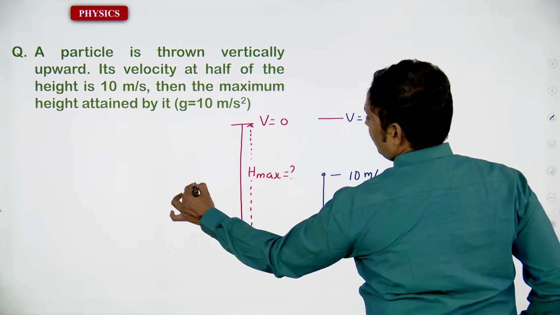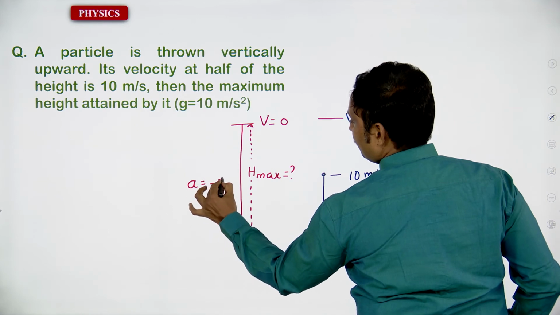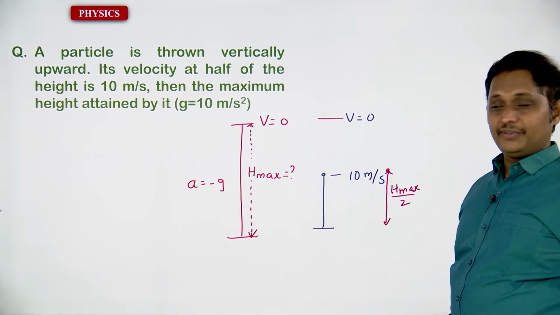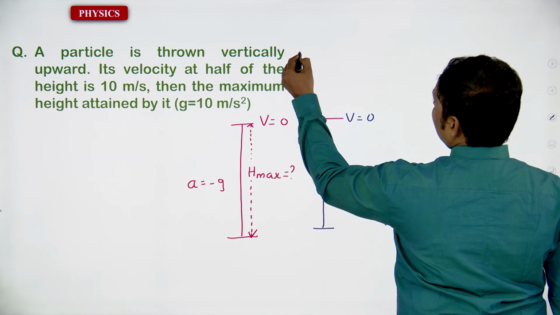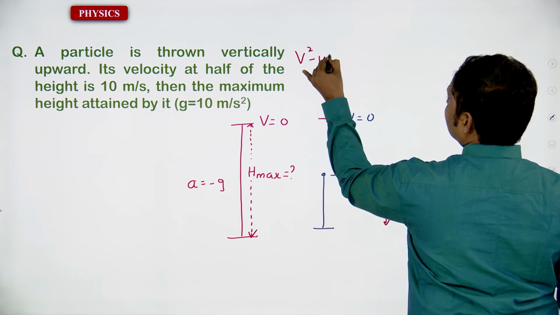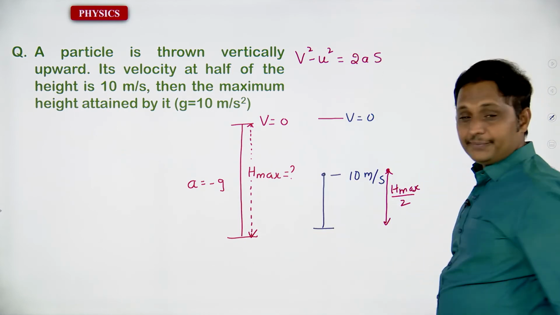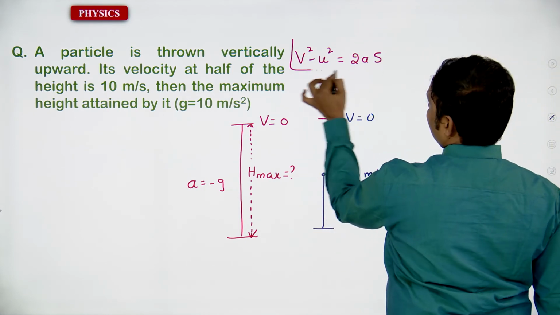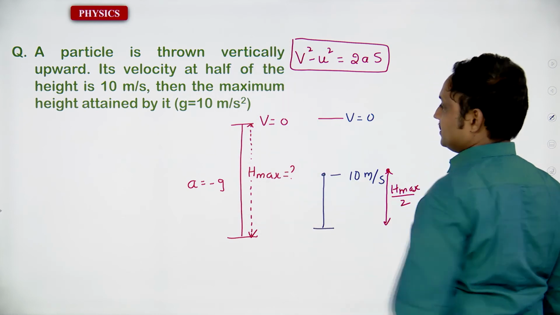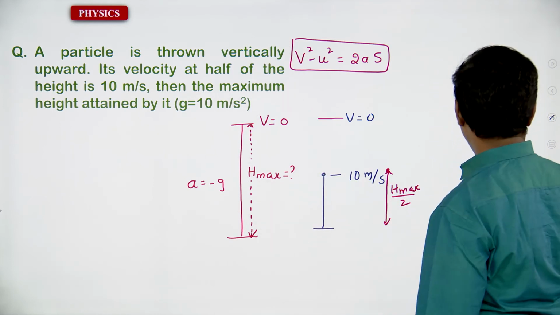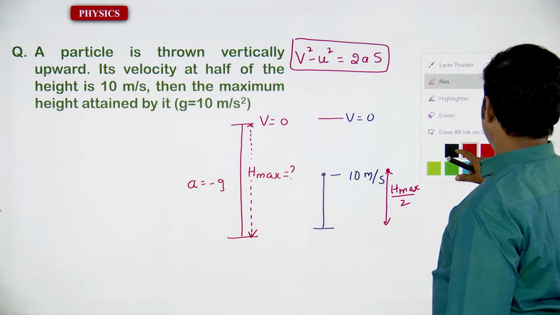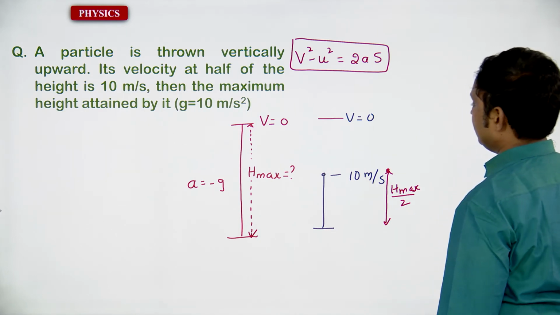Right. Here, what we would like to get, a is equal to minus g. All right, it's very clear. So you can apply that v square minus u square is equal to 2as. This is the basic equation we would like to use. Right. Okay. Yes. All right.